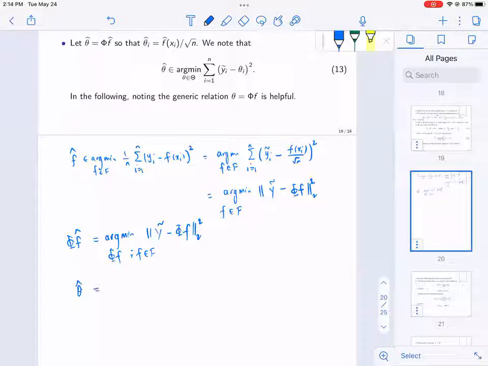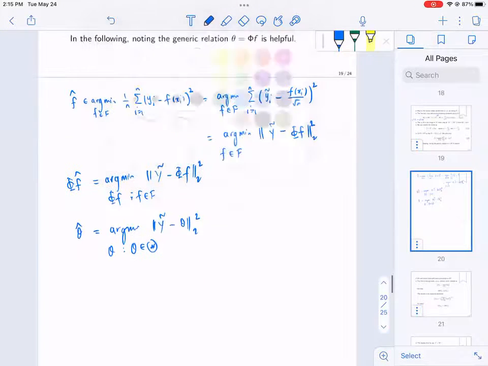You can say that this is theta hat is the argmin over theta belonging to capital Theta of the norm of y tilde minus theta, squared. So if you think of only the samples of f hat, the samples of f hat follow this basic projection. This is the projection estimator in the normal means model.